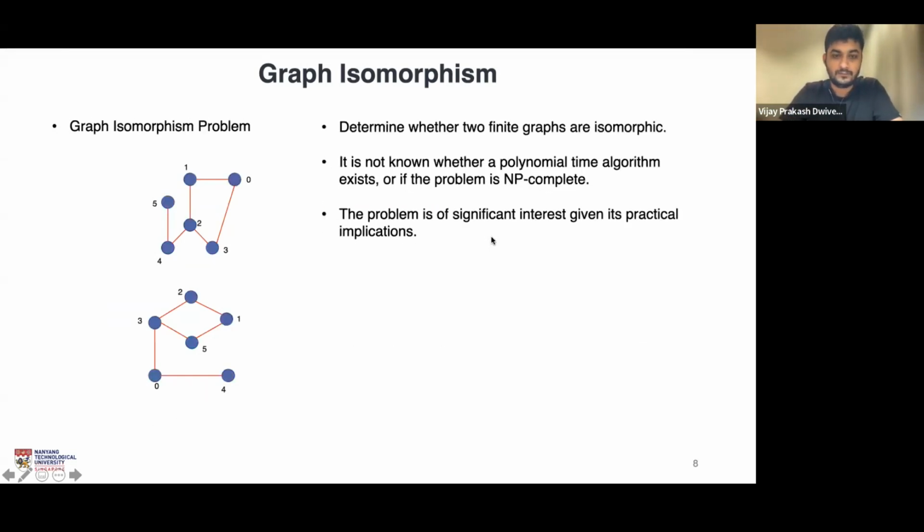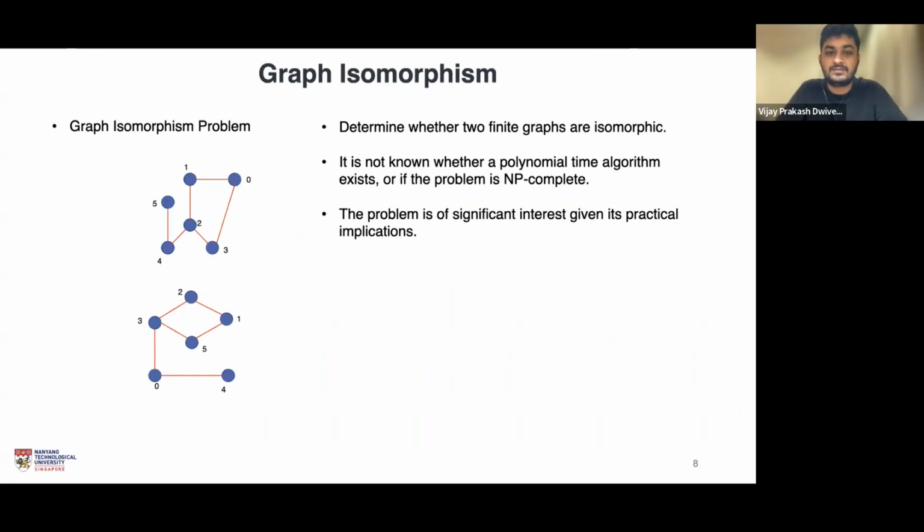For a graph with a large number of nodes, it may not be possible to determine this correspondence visually, and in practice we would require some algorithm that does this computation. So far, it's not known whether a polynomial time algorithm exists for this problem or if the problem is NP complete.